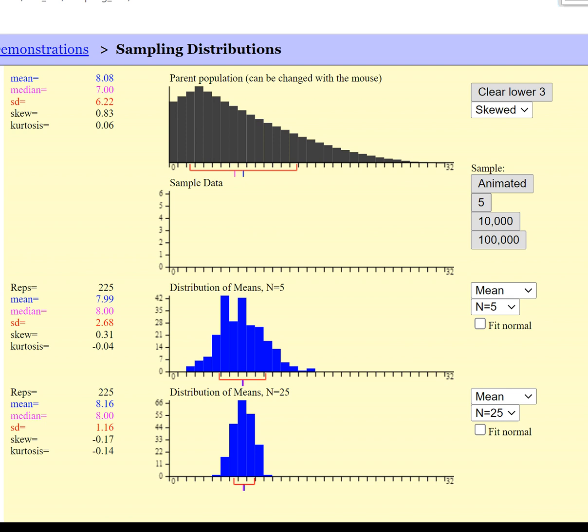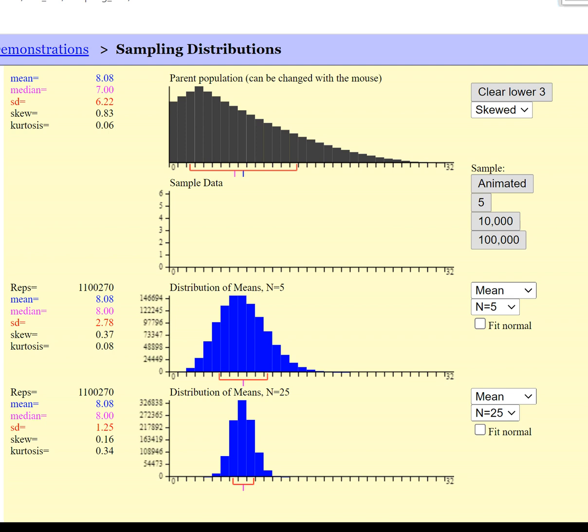The n equals 5 is still a bit skewed to the right, isn't it? If I go 100,000 samples of that and another 100,000, so I'm now up to 1,000,000 samples, we can see that the n equals 25 is normally distributed. The n equals 5 is still showing a skew to the right-hand end. That is not normally distributed.